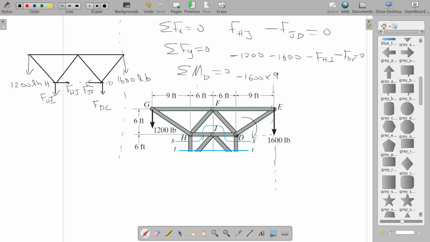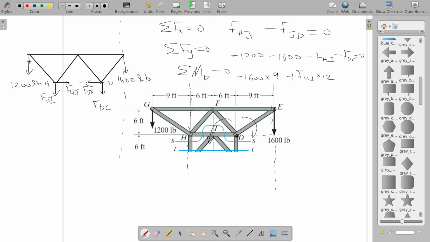Now take DC. DC is passing through D, so the perpendicular distance between line of action of DC and D is 0, gone. F_HI: what is the distance between line of action of HI and point D? That is 6 plus 6, 12, and it is tending to rotate the system in anti-clockwise direction, so positive.